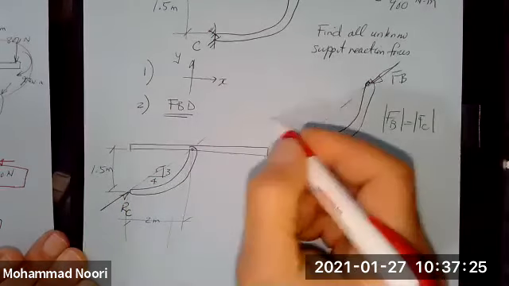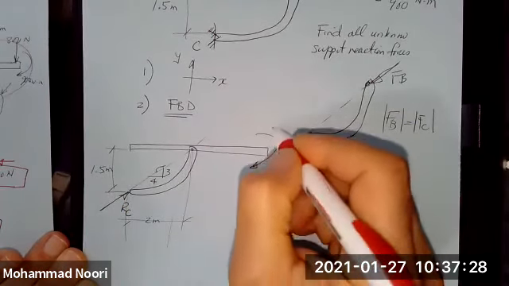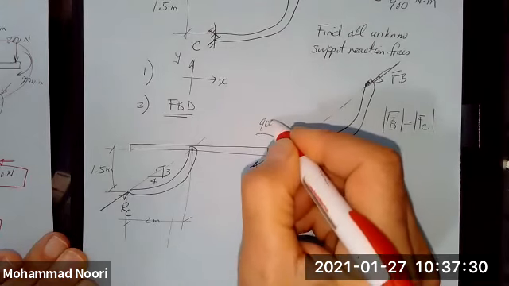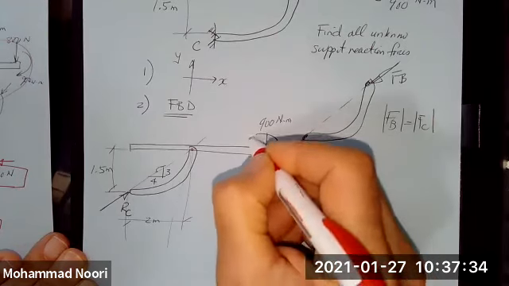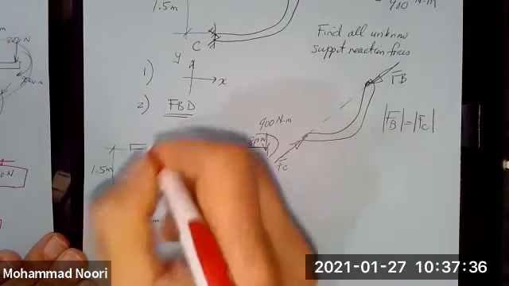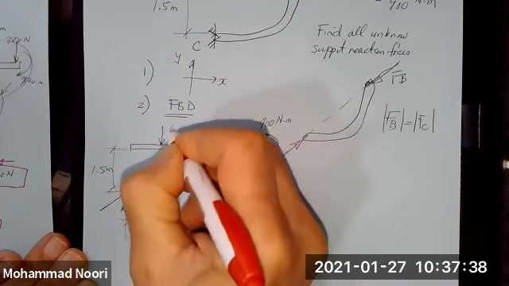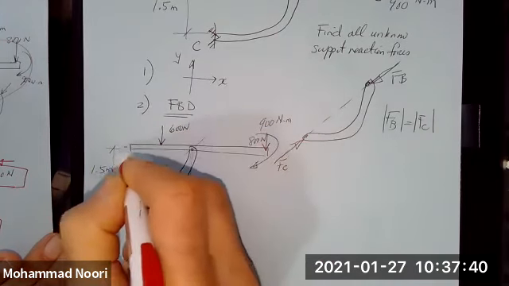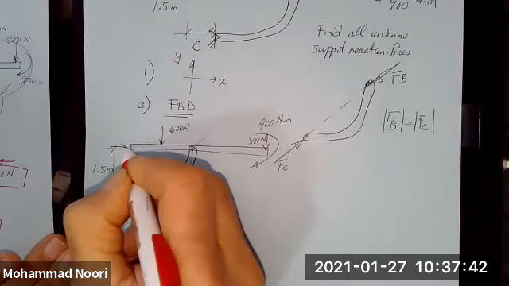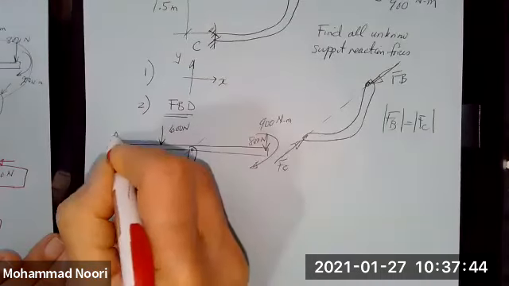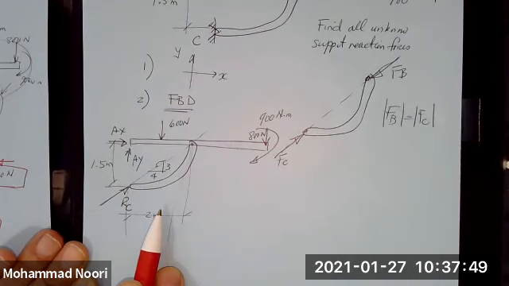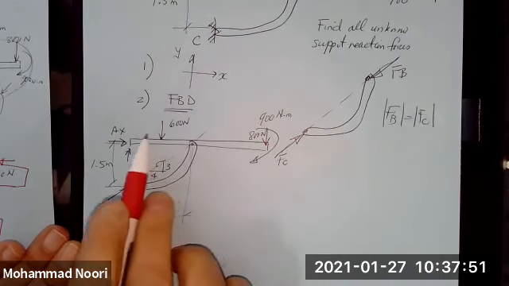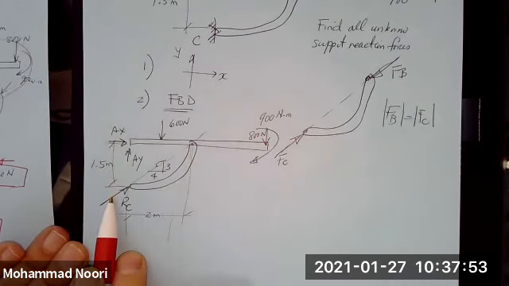Then what else do you have? You have your applied loads, 900 Newton meter moment, 800 Newton force, and here 600 Newton. And then here is obviously a pin, so you have two unknowns, AX and AY. So this is your free body diagram, which consists of only three unknowns.